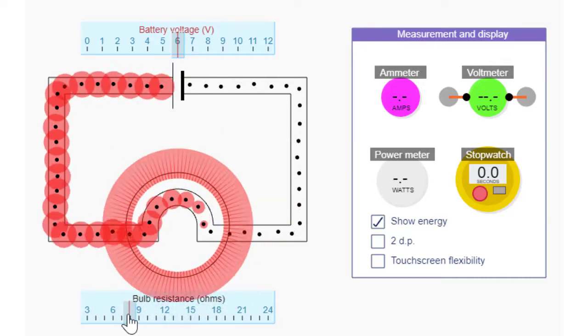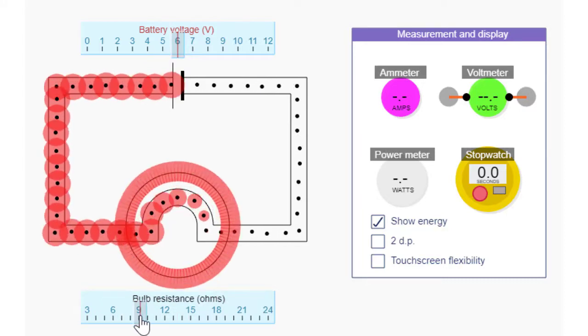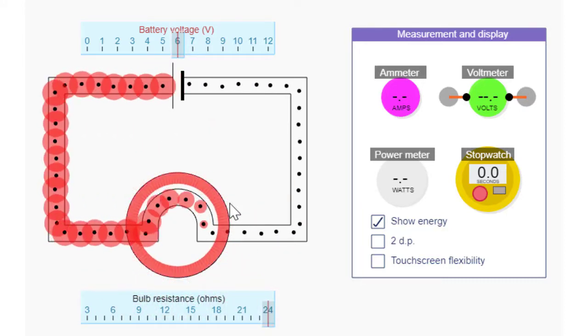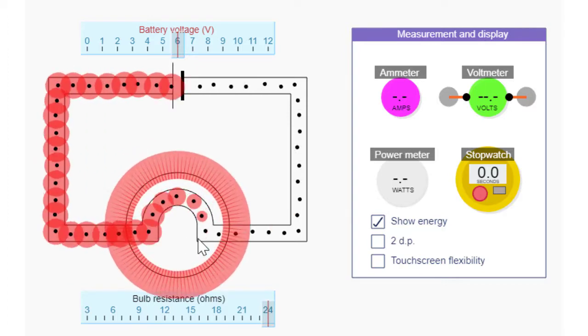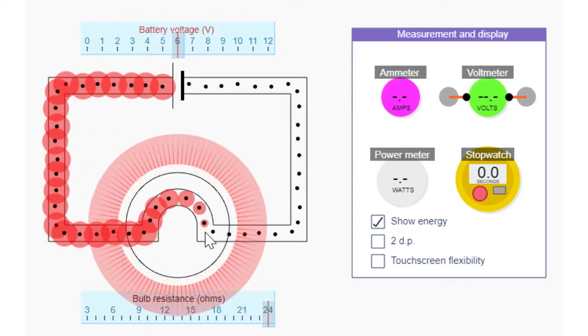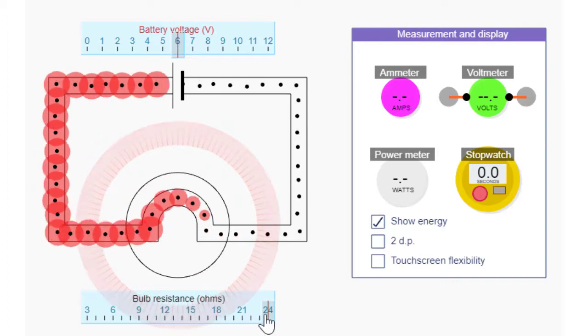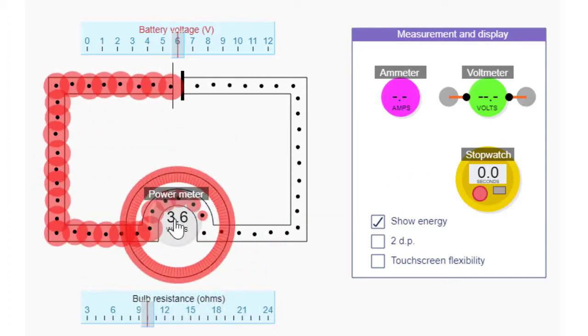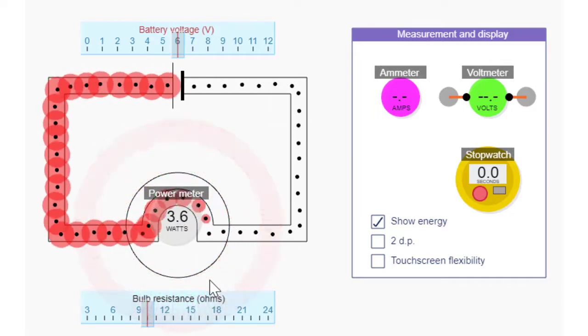The second thing is that when I increase the resistance, then the power, the rate at which energy is shifted in the lamp, decreases. It doesn't go up. And I can do this by looking at this power meter. It doesn't really exist, but it's a thing that's part of the simulation.